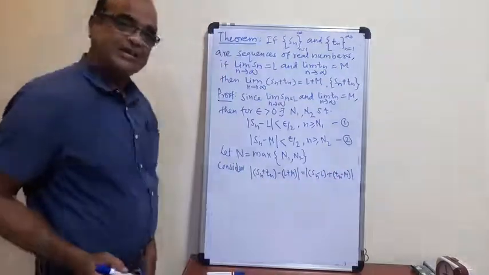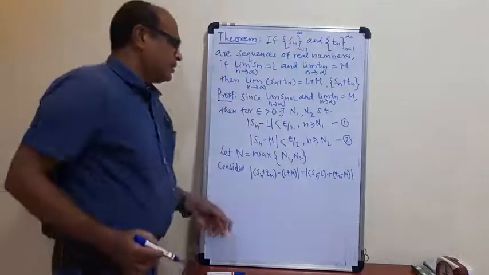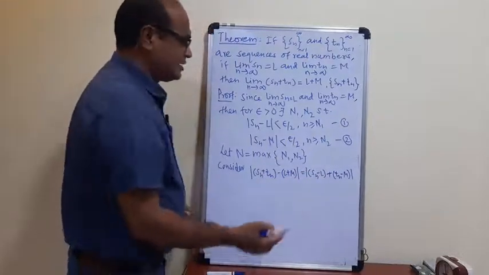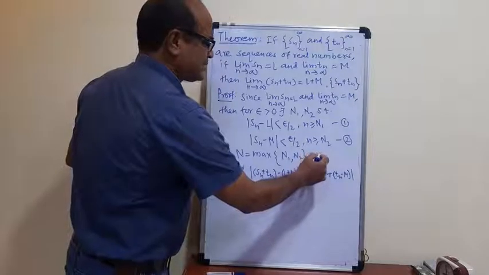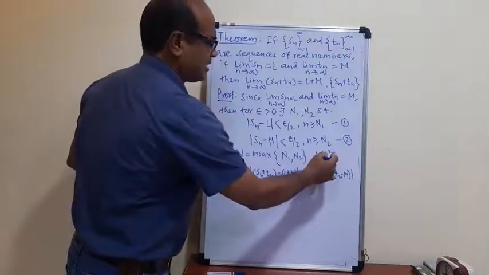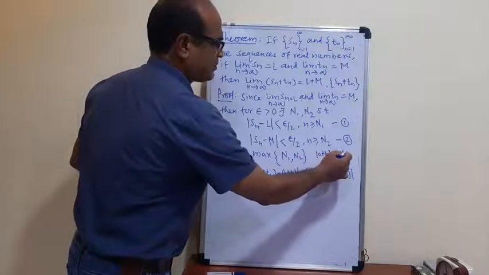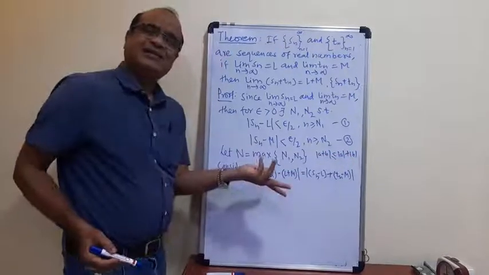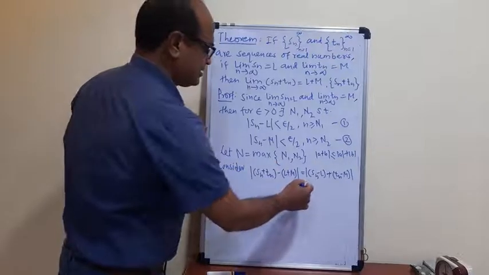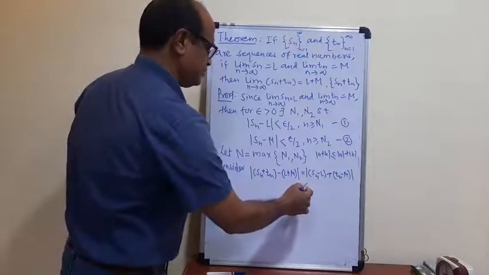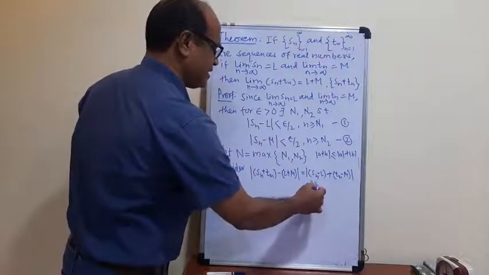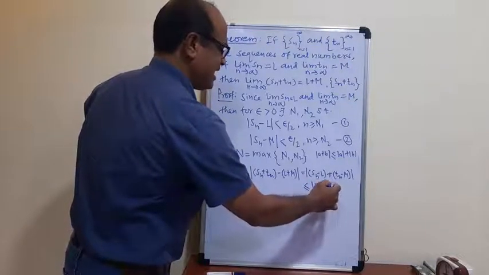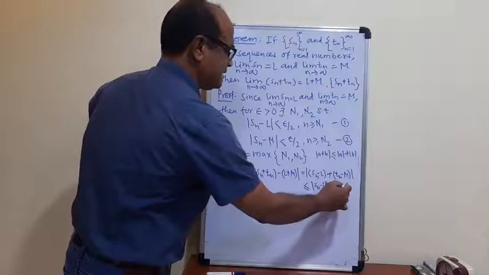So what? By using the inequality you know, mod of a plus b is less than or equal to mod a plus mod b, we get that this is less than or equal to mod of Sn minus L plus mod of Tn minus m.